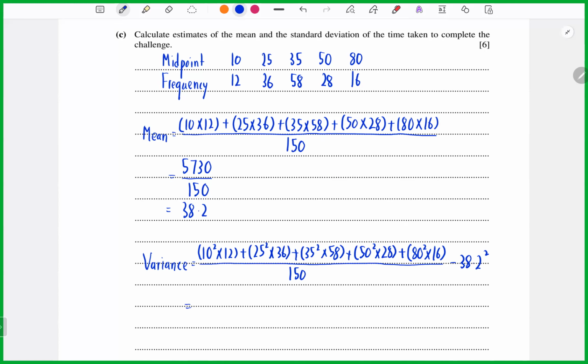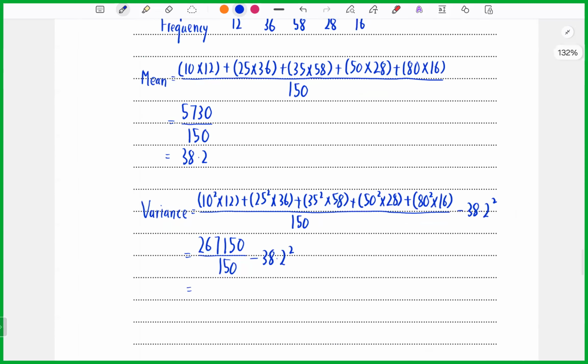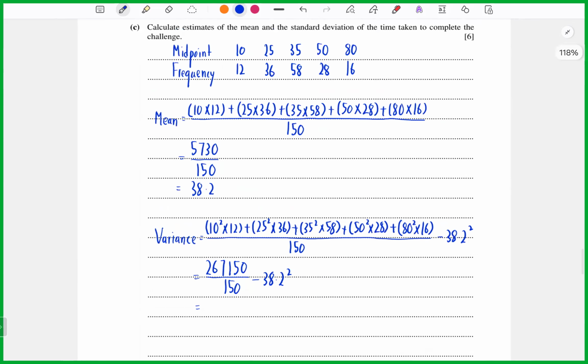Let's calculate. So you get 267,115 over 115 minus 38.2 square. So you can get your final answer here.